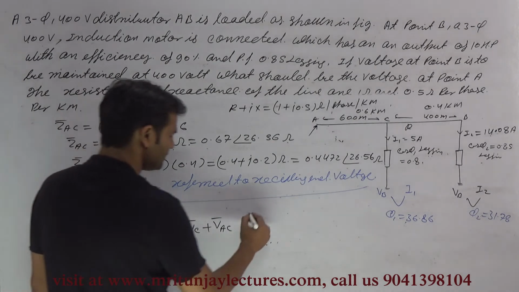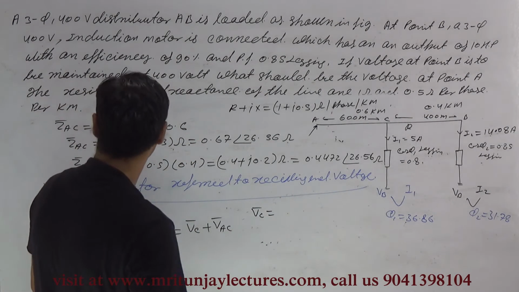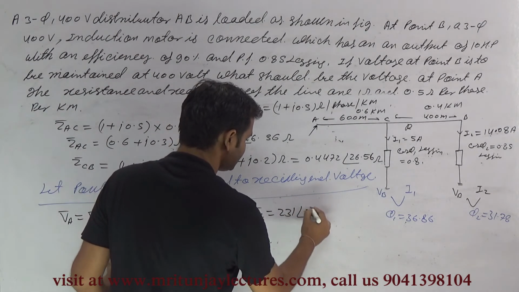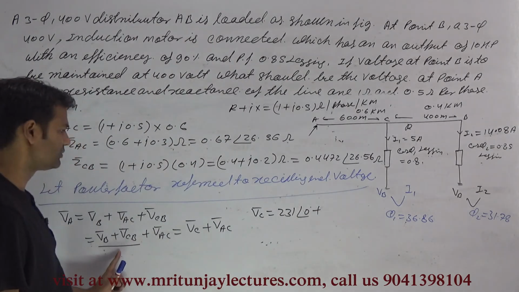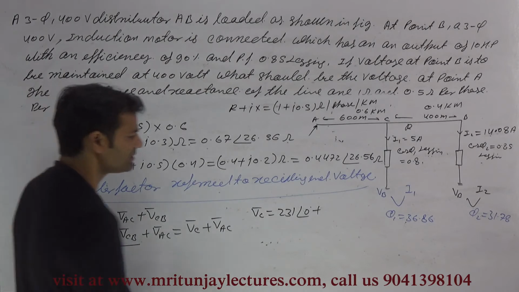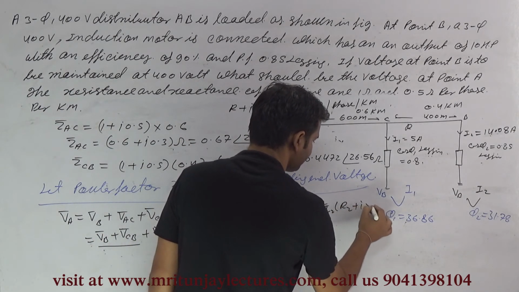VC is equal to VB, which is 231 at the angle 0 degree, plus V of CB, which is I2 into (R2 + jX2).